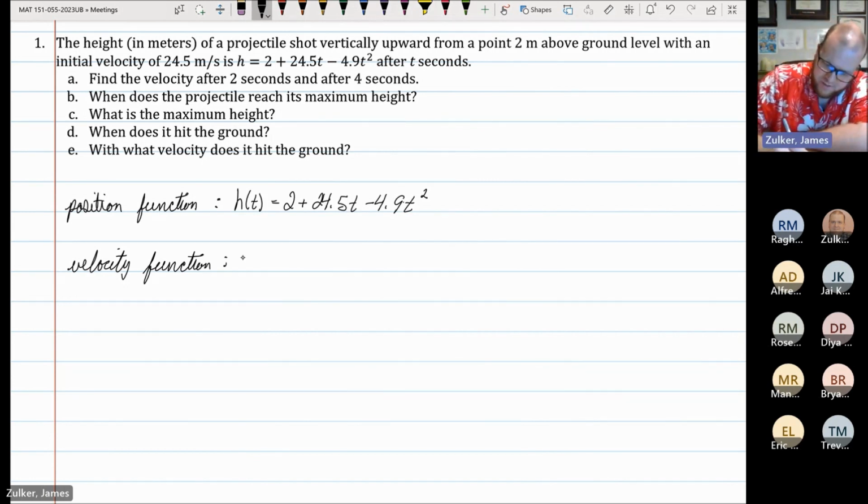Velocity function, usually represented with a v of t. Right, well, velocity is change in position with respect to time.